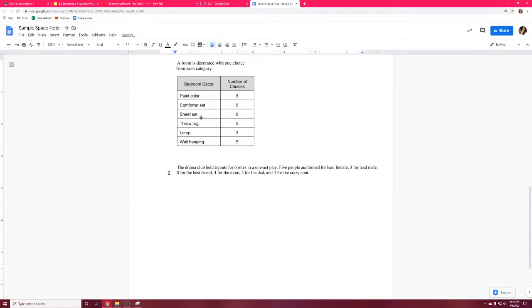To get the overall number of outcomes in the sample space, you simply multiply them together: 8 times 6 times 8 times 5 times 3 times 5. That will equal whatever it is.